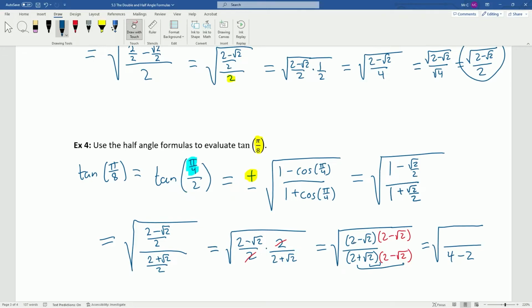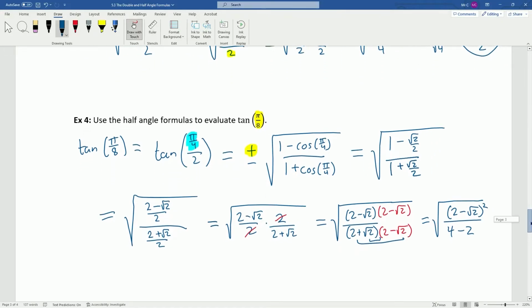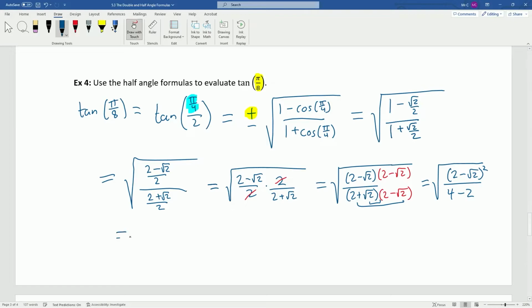I'm multiplying 2 minus root 2 by itself here. So this is actually 2 minus root 2 squared. And since I'm taking a square root of this function, that makes my whole life a lot easier because now I can just say, oh, the square root of the top is just 2 minus root 2, and the denominator, 4 minus 2 is 2, so the square root of the denominator is just square root of 2.